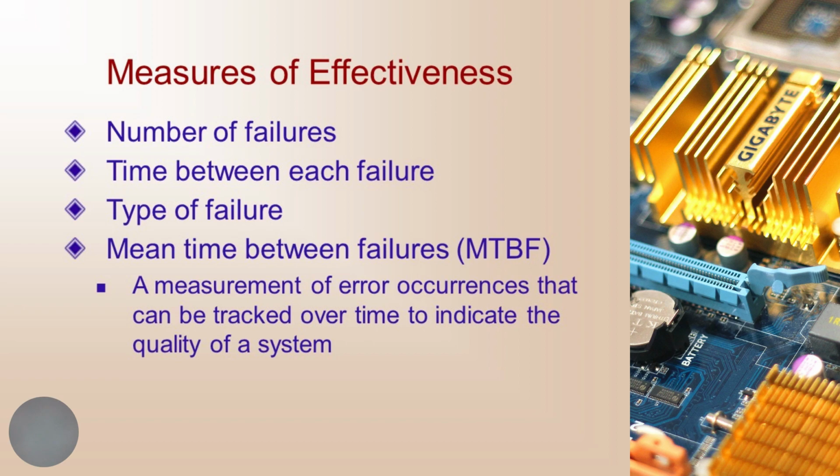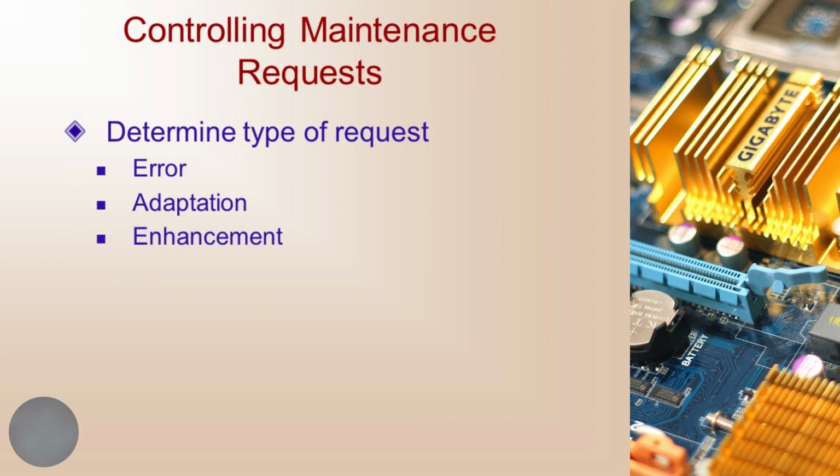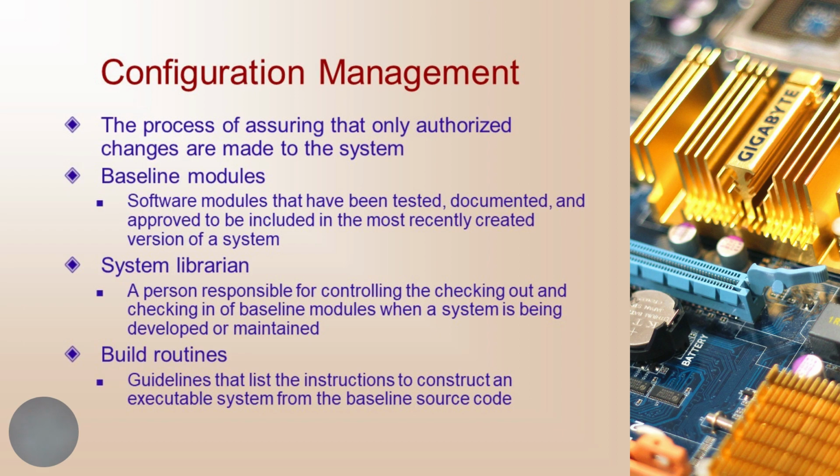Measures of effectiveness. We have number of failures, time between each failure, type of failure, and mean time between failures, a measurement of error occurrences that can be tracked over time to indicate the quality of a system. Controlling maintenance requests determines the type of request, for example, error, adaptation, and enhancement.